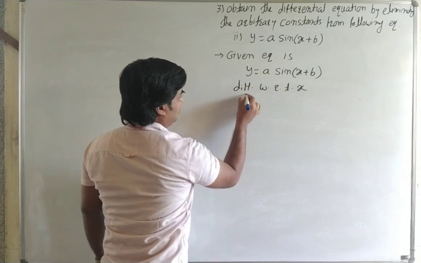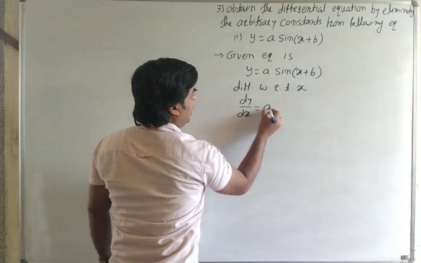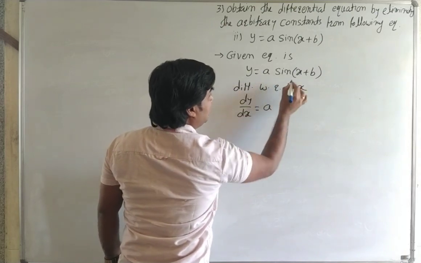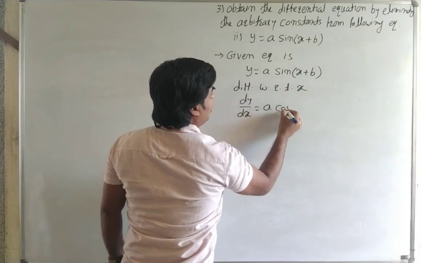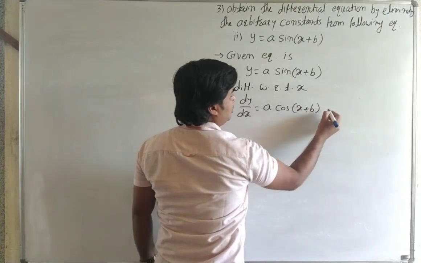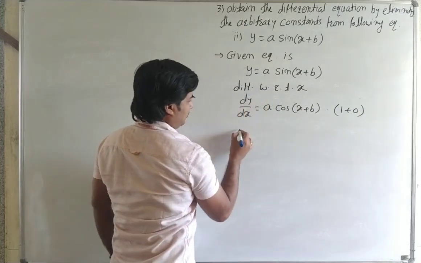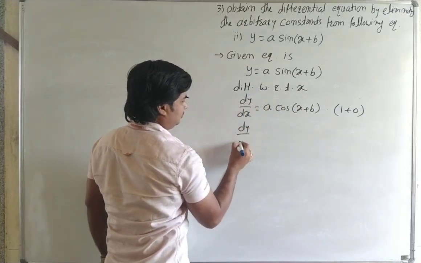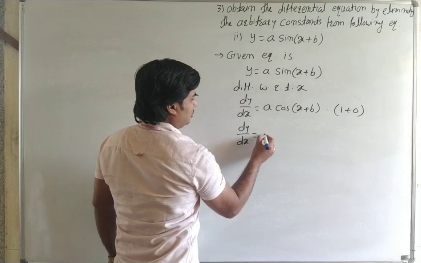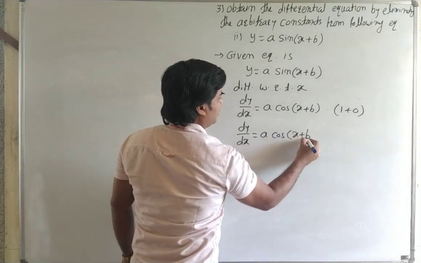The derivative of y is dy by dx is equal to a into derivative of sine x plus b, it is cos of x plus b, and into derivative of x plus b, it is 1 plus 0. That means dy by dx is equal to a into cos of x plus b only.